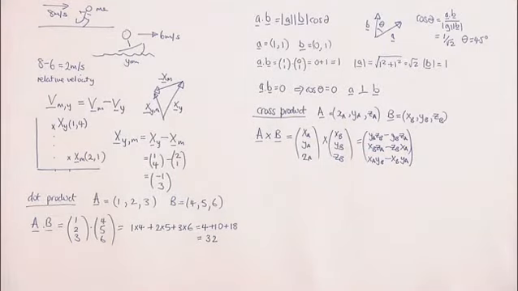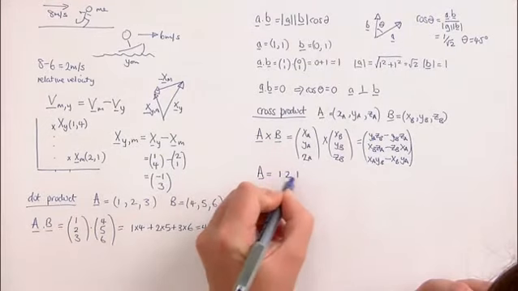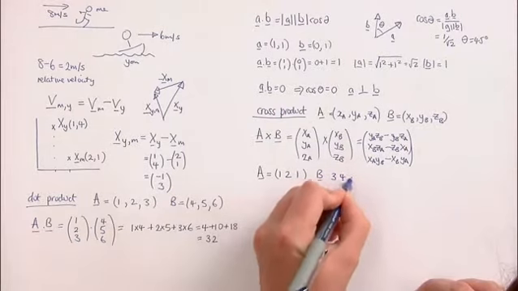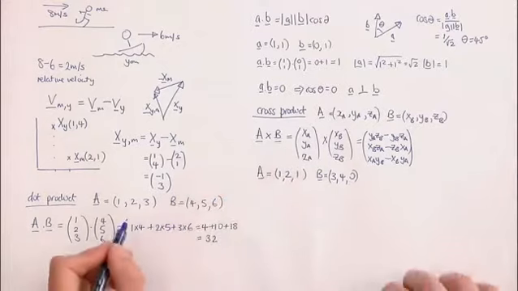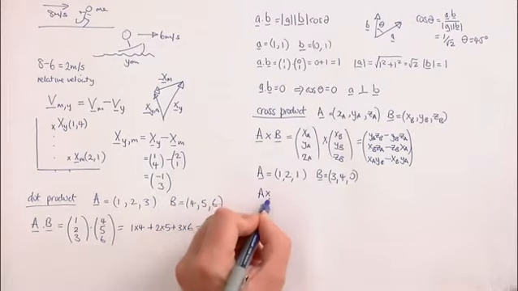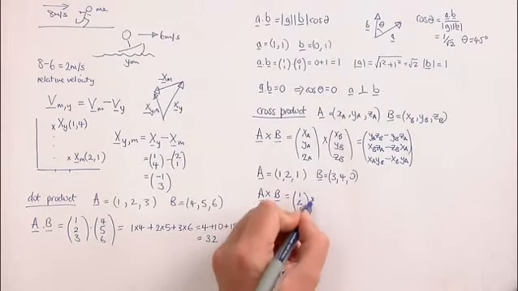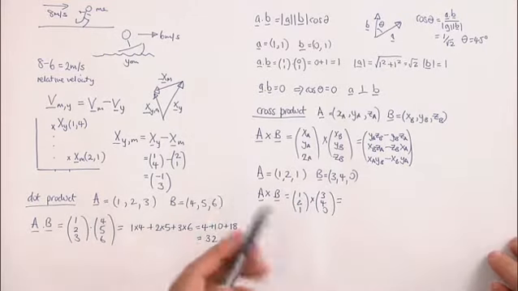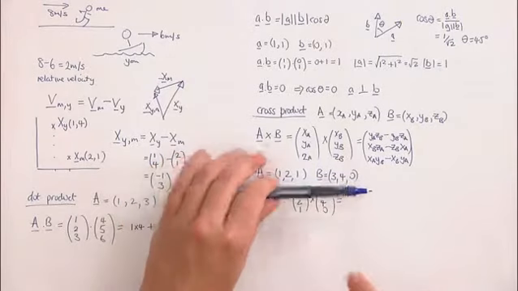Okay, let's see how this is done with actual numbers. Let's define A to be (1, 2, 1) and B to be (3, 4, 0). So A cross B is equal to (1, 2, 1) cross (3, 4, 0), which is equal to 2 times 0 minus 4 times 1.